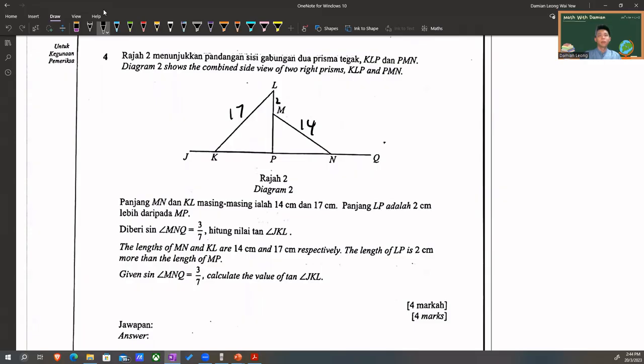So that means LM is 2 cm. I'm also given sine of angle M, and Q. This angle is 3/7. So yeah, this angle is a second quadrant angle.